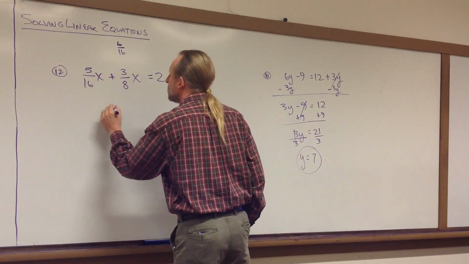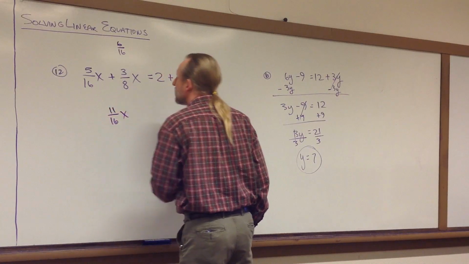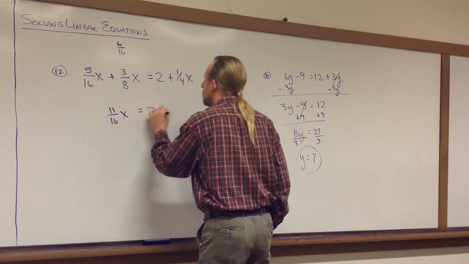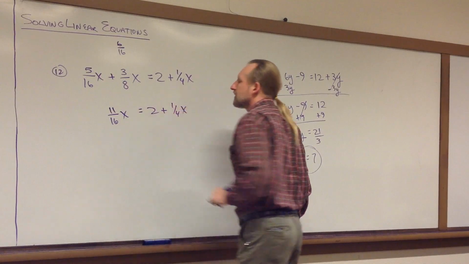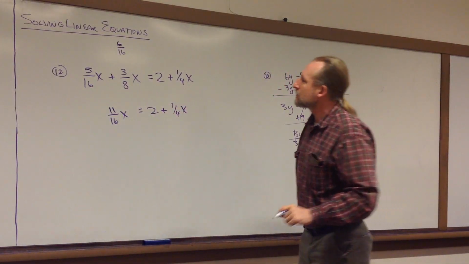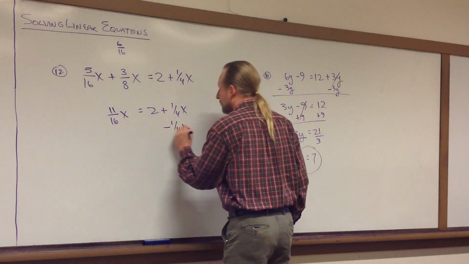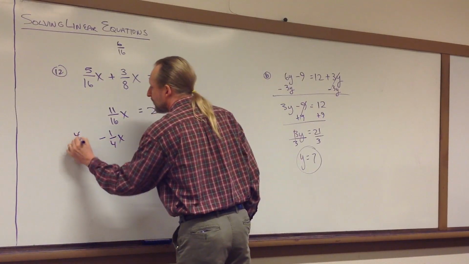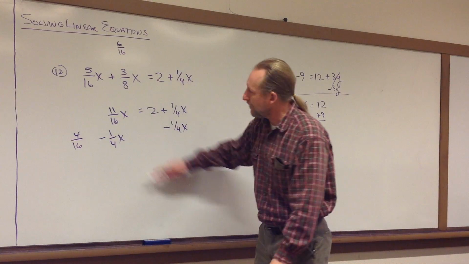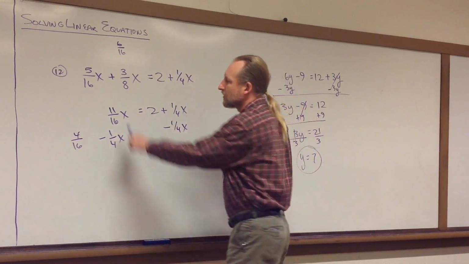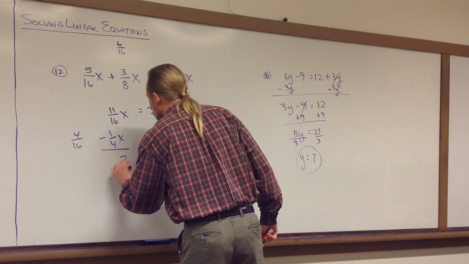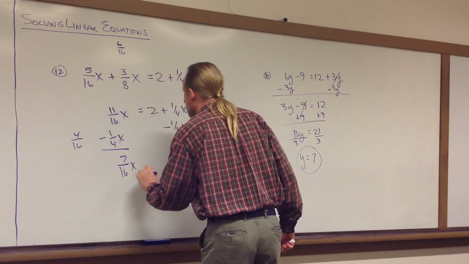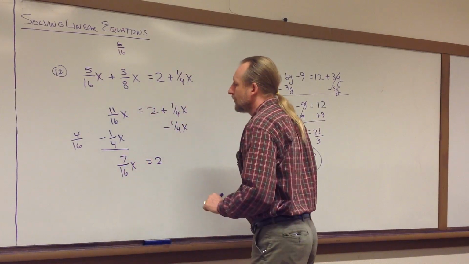And so when we add these together, we'll have 11/16 x on one side, 2 plus a fourth x on the other side. So now we want to subtract this 1/4 x on both sides, and this is going to be 4/16, right? If I multiply by 4 over 4, so 11 minus 4 will give us 7/16 x equals 2.